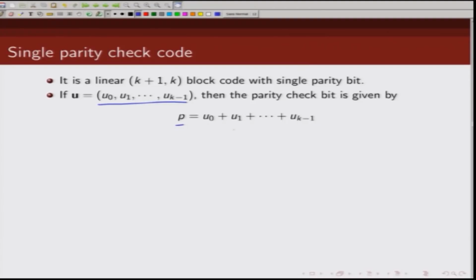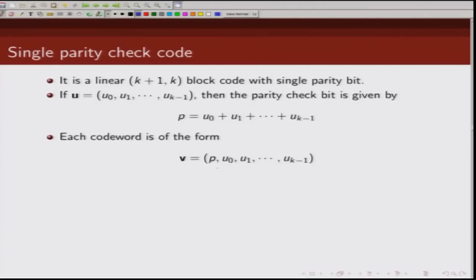In other words, if the information sequence has even parity, that means the sum of them adds up to 0, then p will be 0, or else if the information sequence has odd parity, p will be 1. So, as you can make out, this single parity check code will always have even weight code words. Each code word I can write in this particular fashion, with these k information bits and one parity bit.